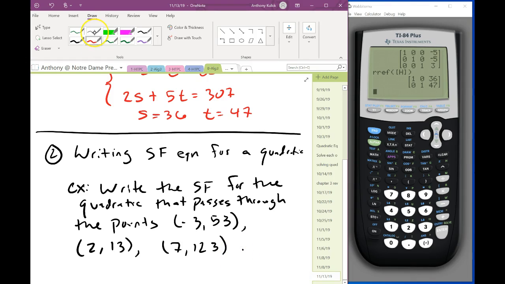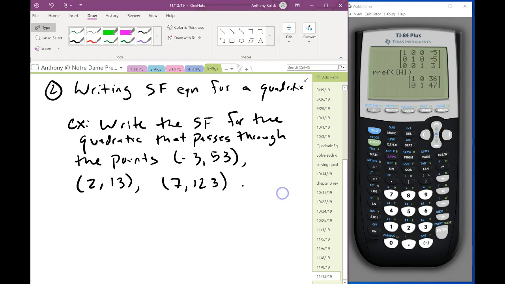So let's say we wanted to write the standard form equation for the quadratic that passes through the points -3, 53, 2, 13, and 7, 123.